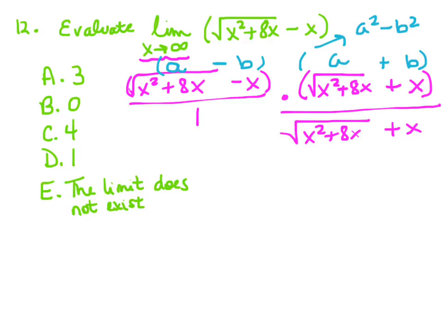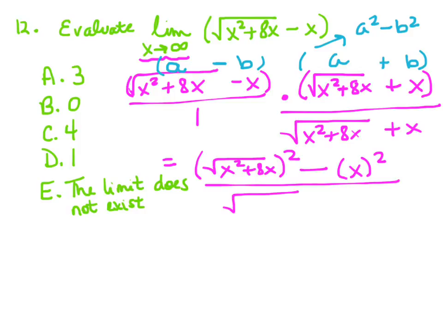So when I multiply these two expressions, I'm going to end up with a squared, which is the square root of x squared plus 8x, squared, minus b squared, or in our case, x squared, over the same expression in the denominator.